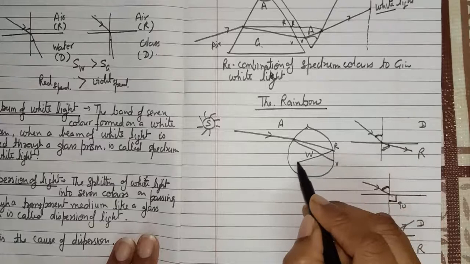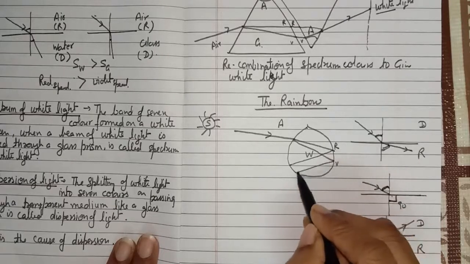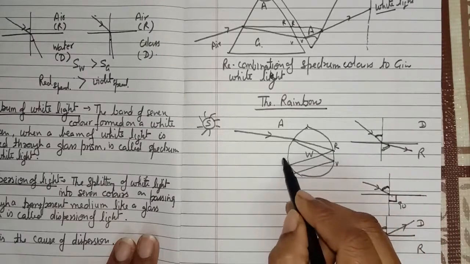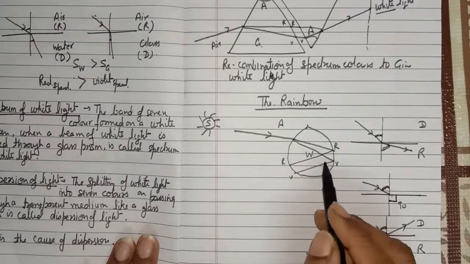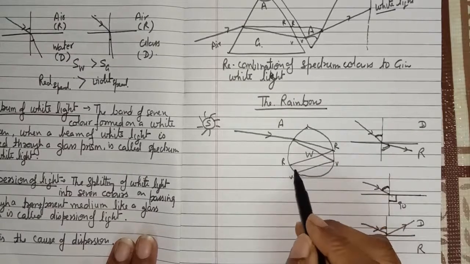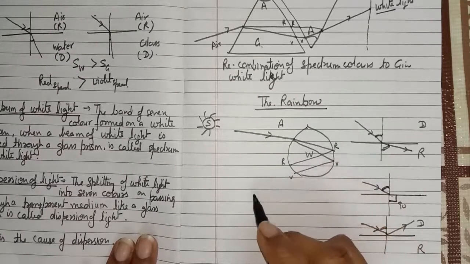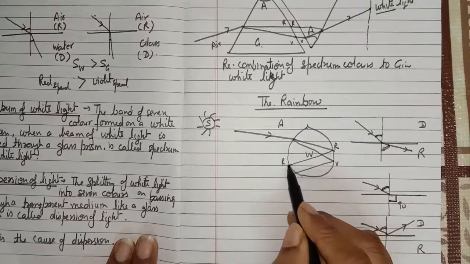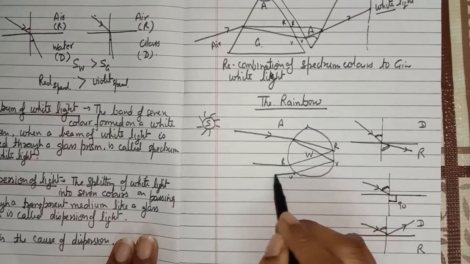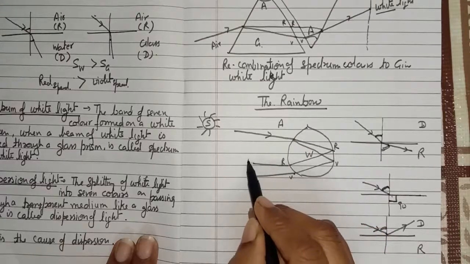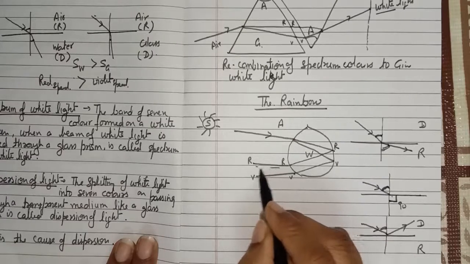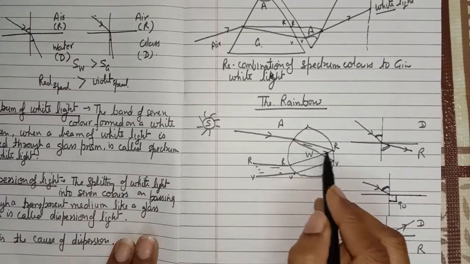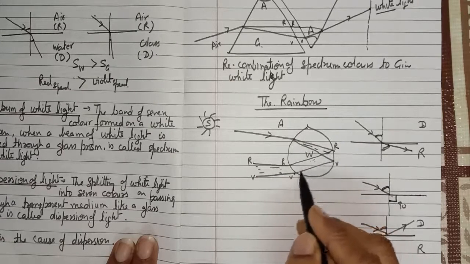So here the total internal reflection takes place like this. So this is again the VIBGYOR. And again, when the light passes from the denser into the rarer medium, it bends away from the normal. So it should be like this. So we get the VIBGYOR, meaning the bend of the 7 colors. Okay. So this is the formation of rainbow.